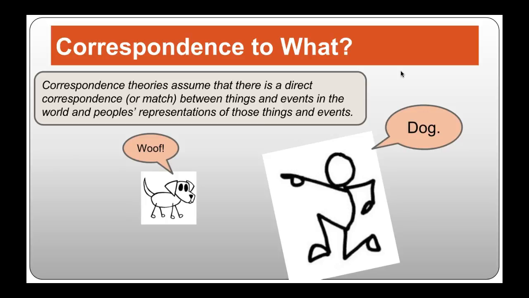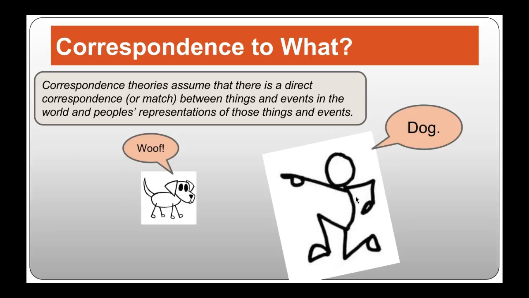That there's a direct correspondence between those things out there in the world and people's representations of those things and events. So, for example, if there's a dog that says woof, those are a couple of things out there in the world, right? And a boy who sees that points and says dog, right?